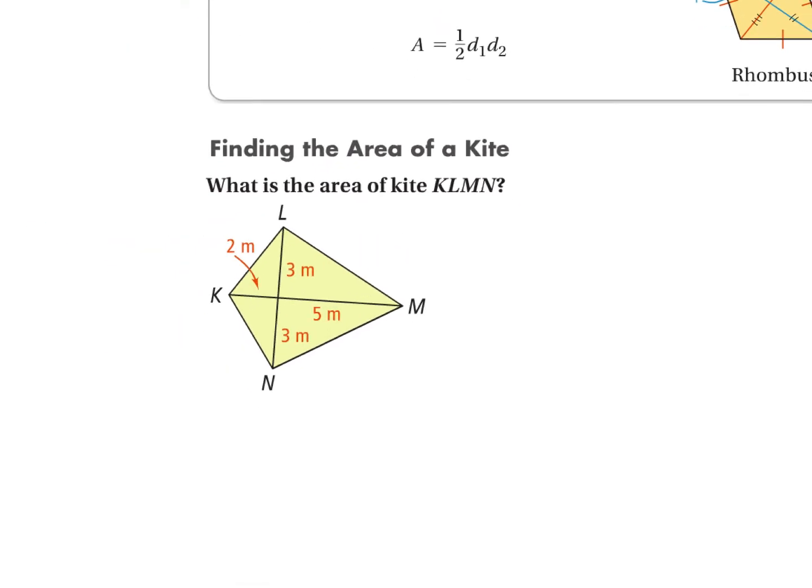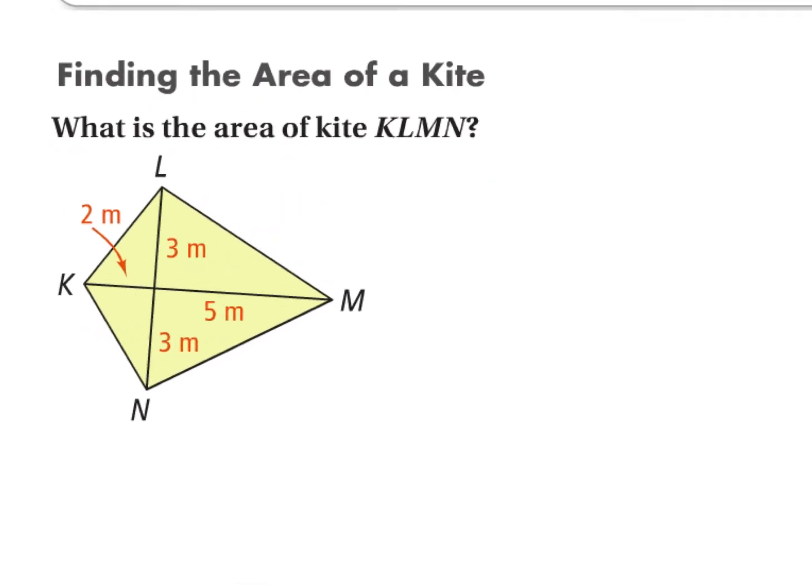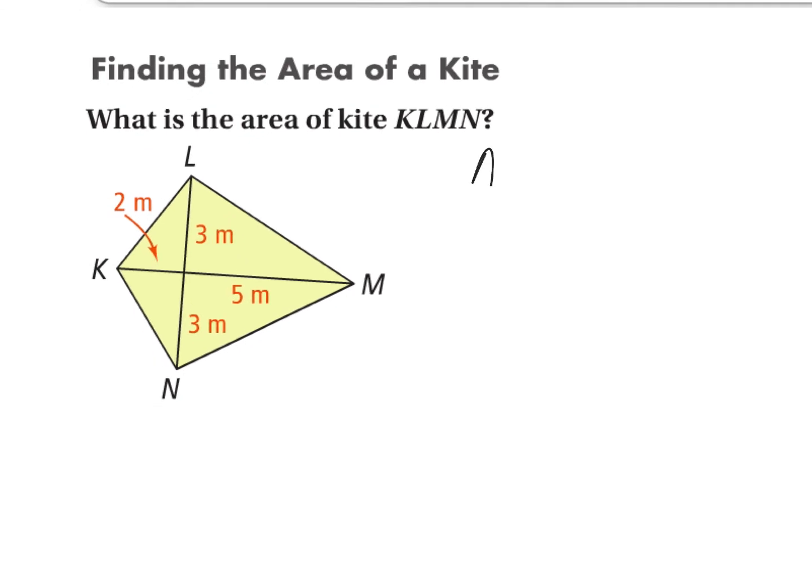Okay, so what is the area of the kite KLMN? So we got our formula. Area equals 1/2 times D1 times D2. All right, I am going to make D1 be this amount right here. So what would that be?